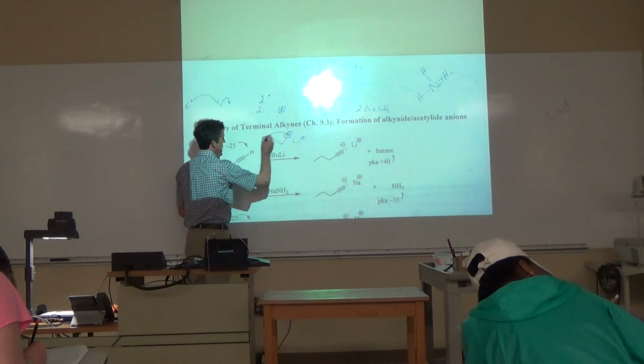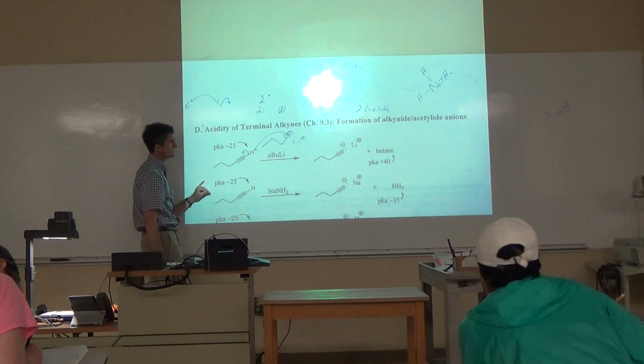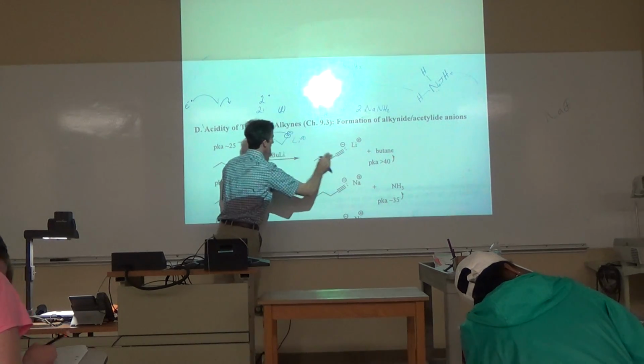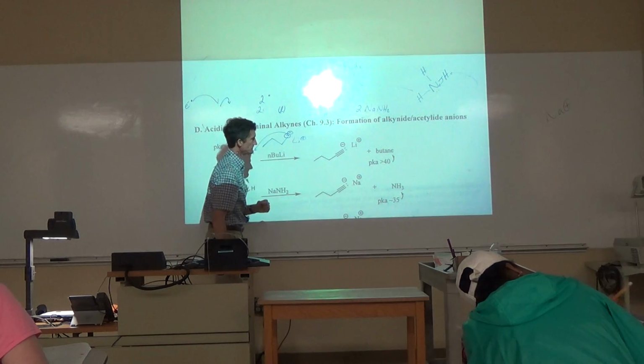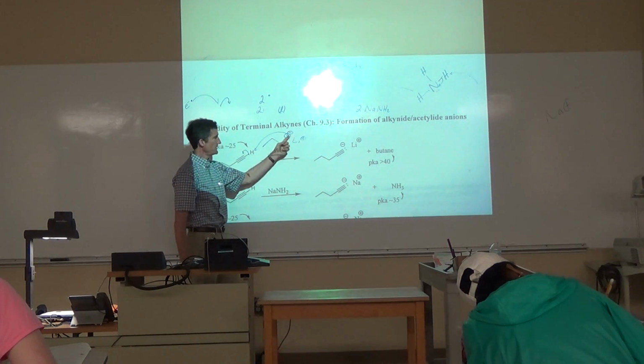This carbanion will take the H, and these electrons stay behind. What do you get? We now have a lone pair on the alkyne carbon, and we created butane. This is basically one carbanion acting as a base to form another.